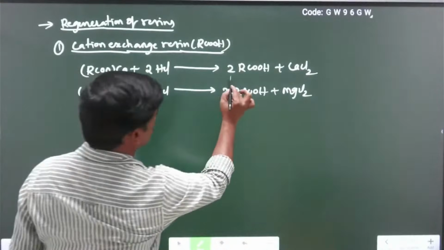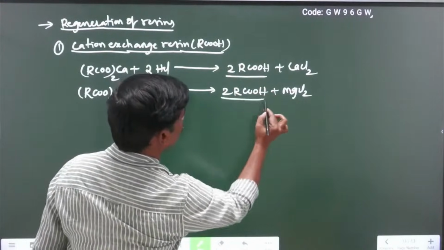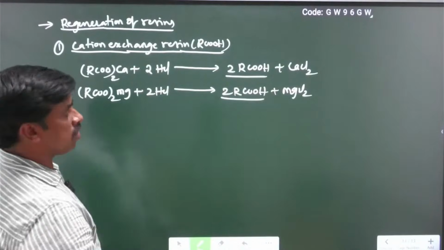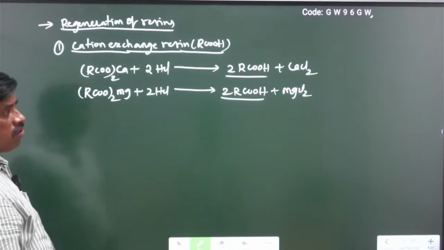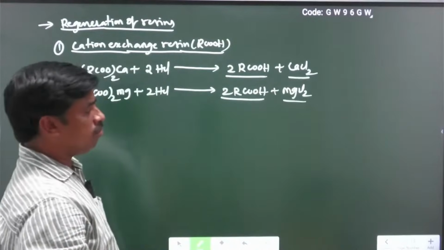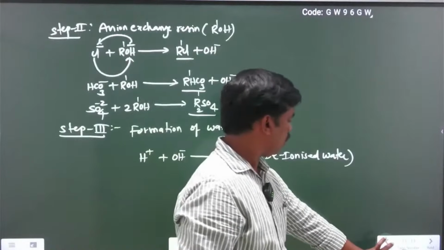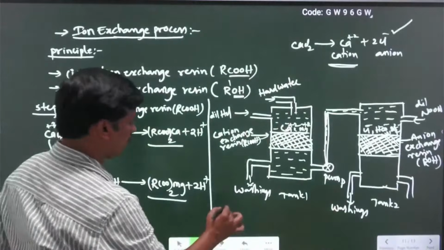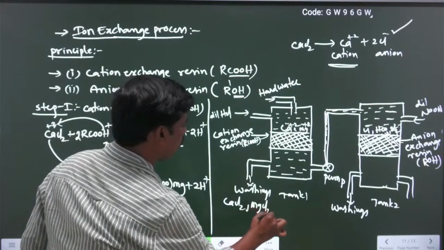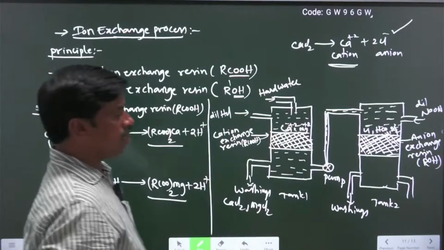This is the fresh resin, regenerated again. The calcium chloride and magnesium chloride are leaving with the washings whenever regeneration is done.